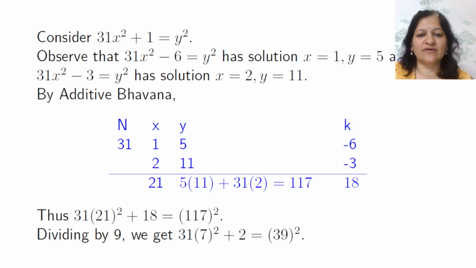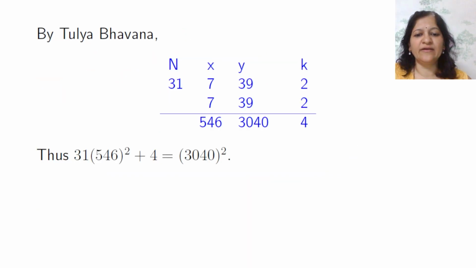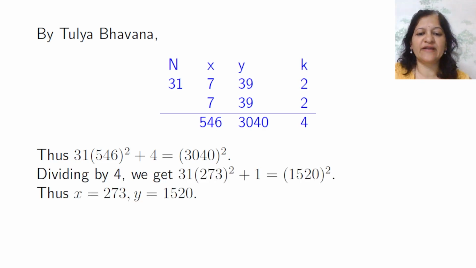Now we can use Tulya Bhavana, and then we can find the solution of the equation 31x² + 4 = y², and then dividing by 4 we get the solution of the original equation, which is 31x² + 1 = y², and the solution is x = 273, y = 1520. The problem in the Bhavana method is first we have to guess auxiliary equations, and it is not always easy to guess the suitable auxiliary equations.